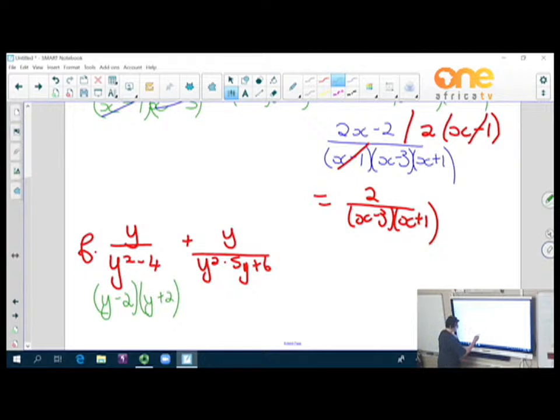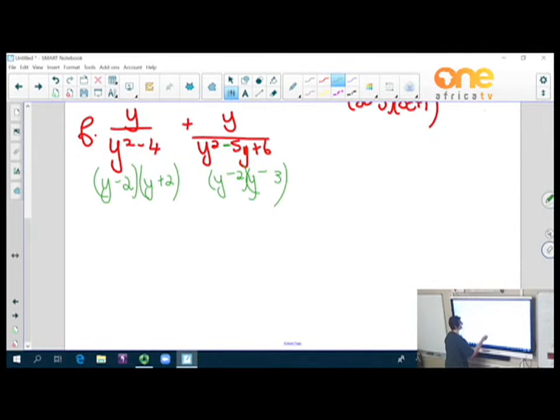This is a trinomial. It's a minus 5y there. So y and y, which factors of 6, if you add them, will give you a 5? That will be 2 and 3. Signs are equal. Both will be negative.